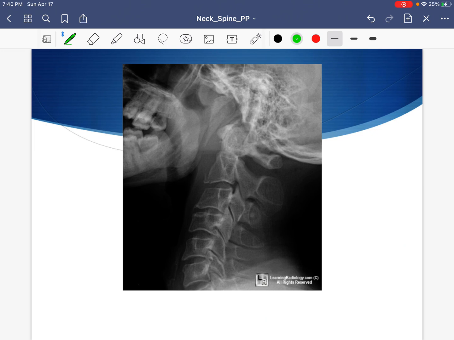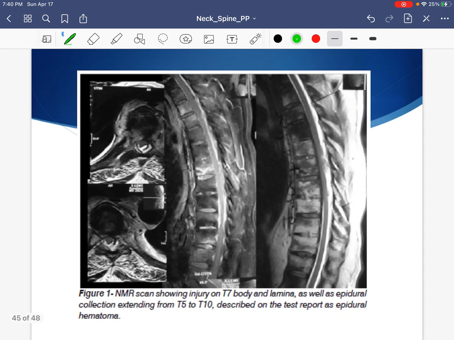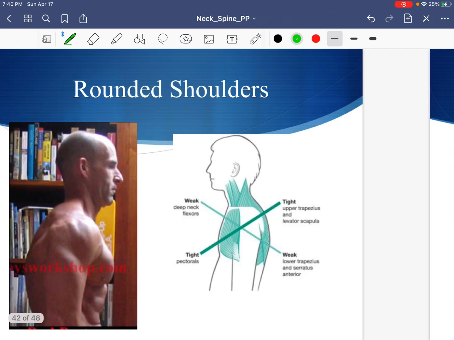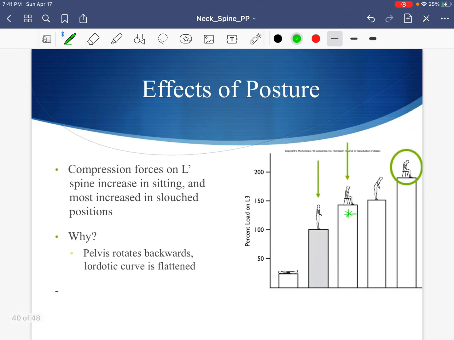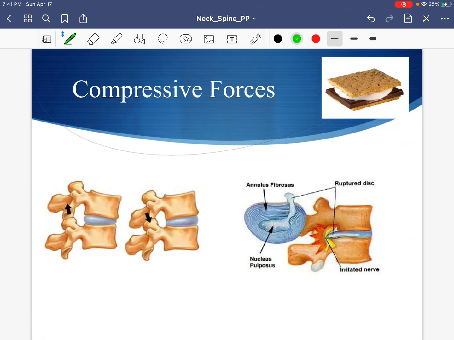And the only thing that I want to talk about for this one would be the disc herniations. I'm going to go back to our picture of the s'more. Here we go. So what happens with a herniated disc?